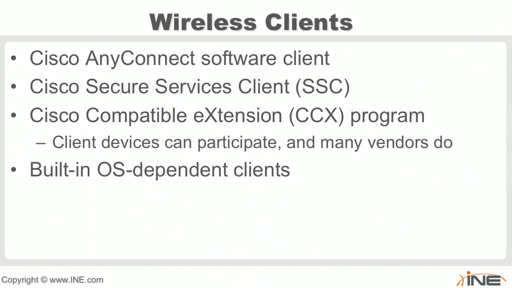Cisco Compatible Extensions are something that, when we look at the Wireshark packet capture, we're actually going to see that this information is sent in a probe request, and we're going to see whether or not a given client supports what version of Cisco Compatible Extensions.